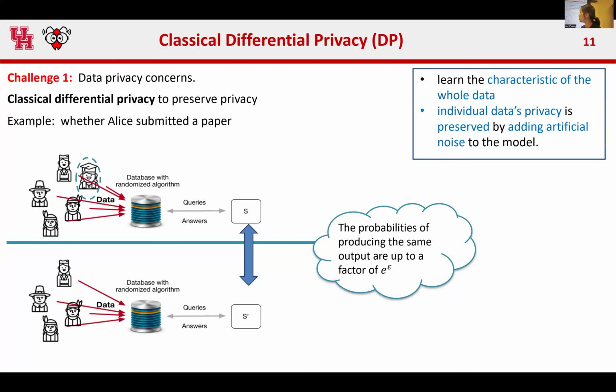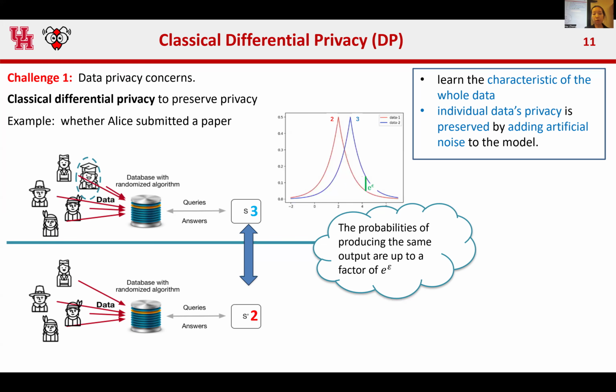We have two data sets, one with Alice and one without Alice. If we query them, the one with Alice says 3 people submitted a paper, but the one without Alice says 2 people submitted a paper. If the attacker gets these two outputs, it is easy to infer that Alice submitted a paper, so Alice's information is leaked.